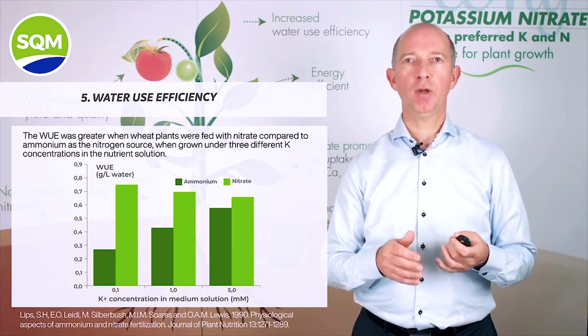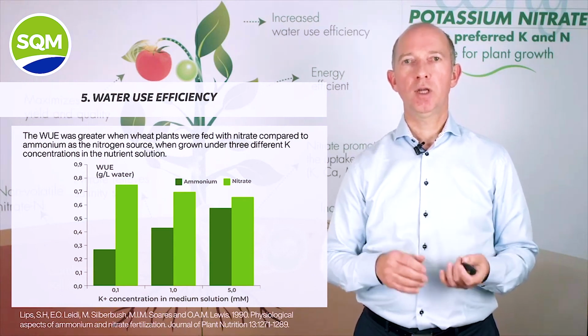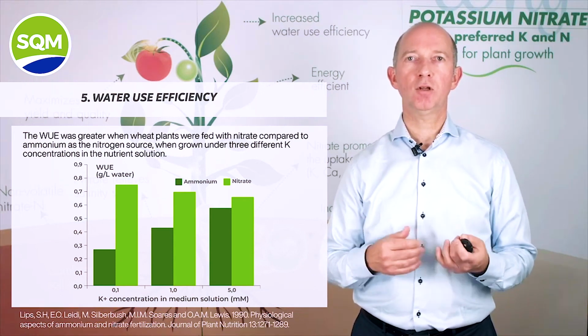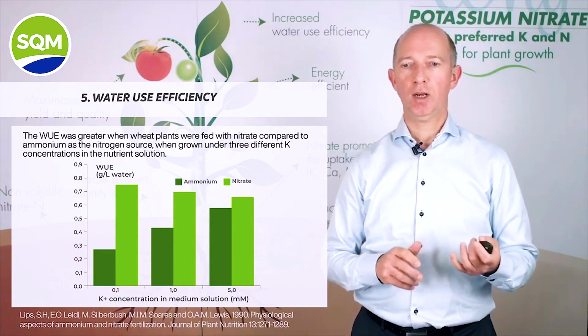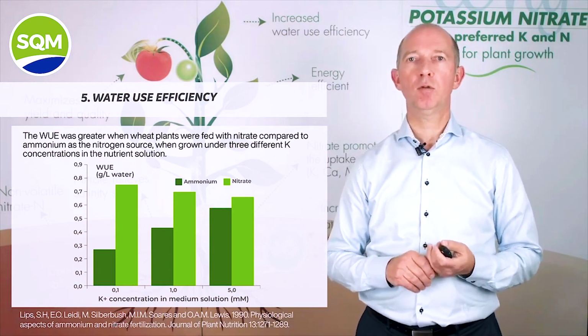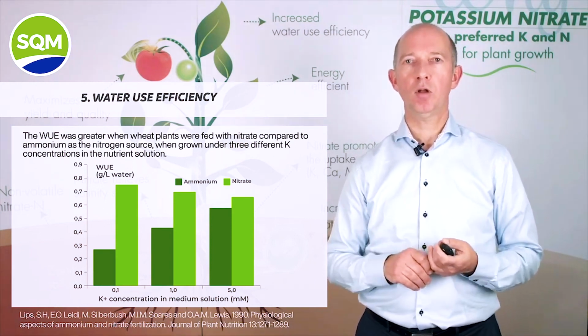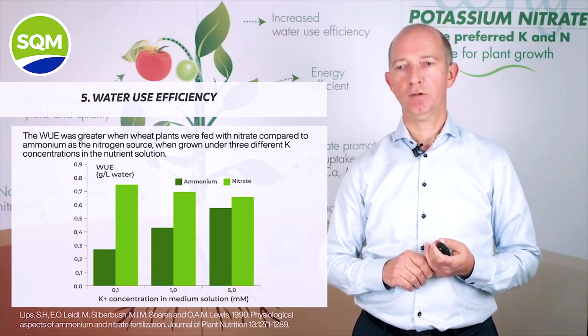And again, we compare an ammonium source with a nitrate source under increasing potassium levels in the nutrient solution. If we look at the x-axis, on the left side we see a very small amount of potassium, 0.1 millimoles, moving to 1 millimole in the center and to 5 millimoles at the right side of the figure.